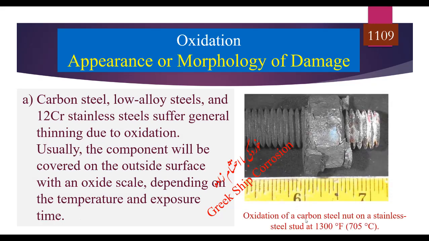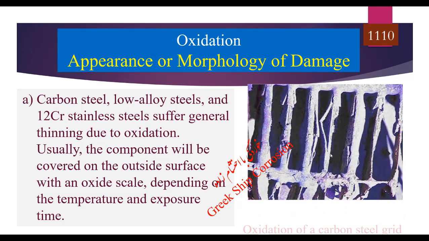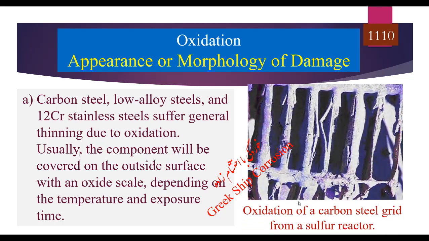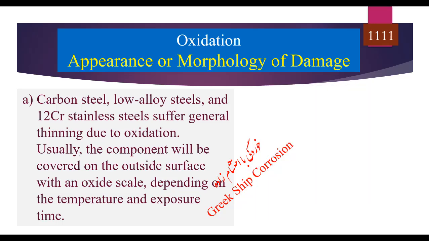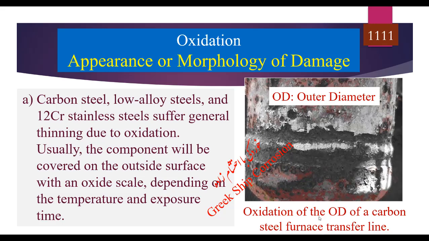Oxidation of a carbon steel nut on a stainless steel stud at 1300 degrees Fahrenheit. And this figure shows oxidation of a carbon steel grid from a sulfur reactor. And this figure shows oxidation of the outer diameter of a carbon steel furnace transfer line.